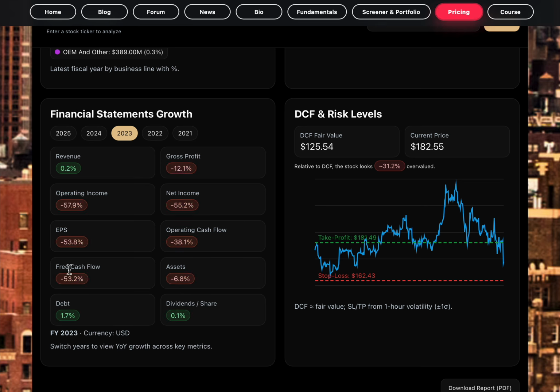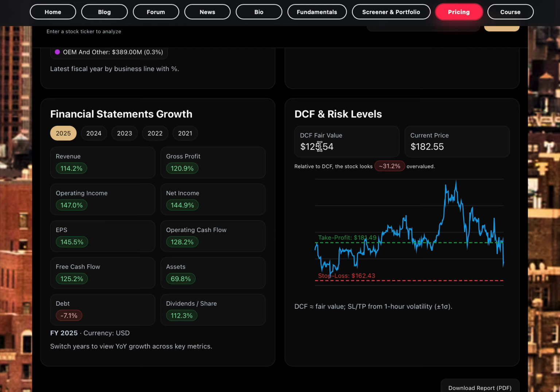Here we have a slight decline in 2023, when the operating profit declined and earnings per share declined, but in the next year, 2024, it showed 680% growth in operating income and 600% in free cash flow. That means that the company is very strong and its products are in high demand right now.